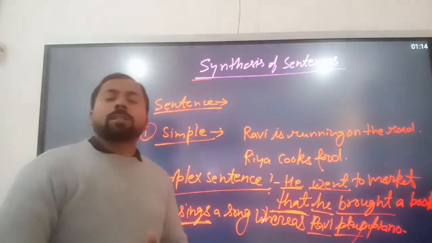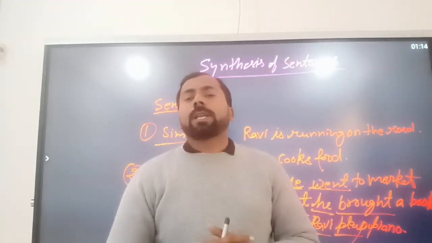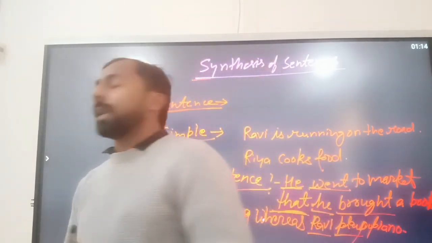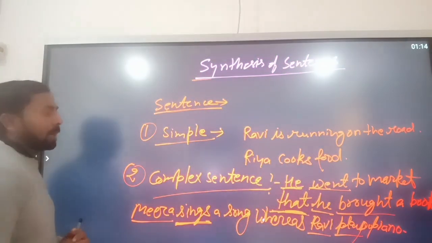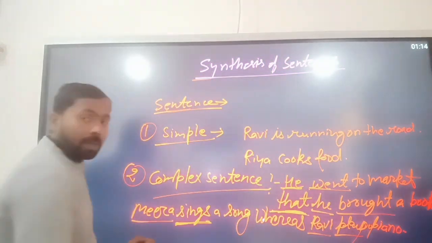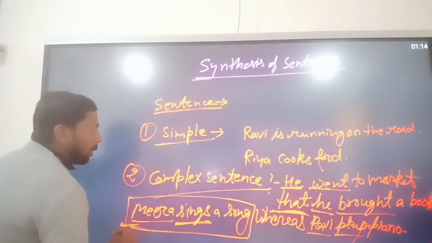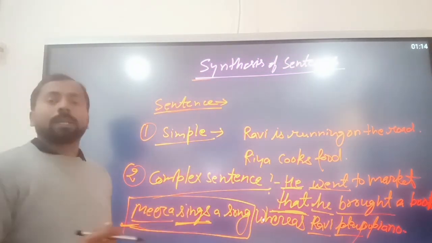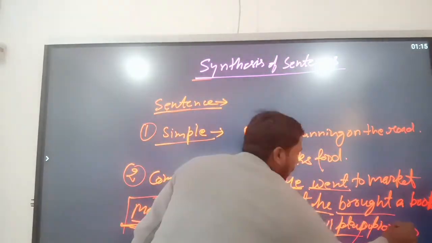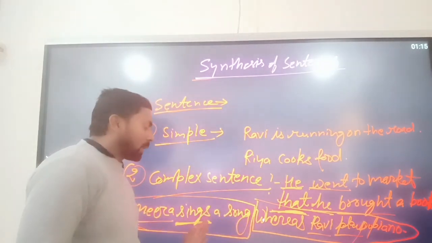So we can say that the complex sentence has two clauses. One clause is a principal clause and the second clause is the subordinate clause. How can we identify the principal clause and the subordinate clause? In the first clause, Meera sings a song, this sentence is completely independent. There is nothing in it that depends on the other sentence. But the second sentence, whereas Ravi plays piano, depends on the first sentence.